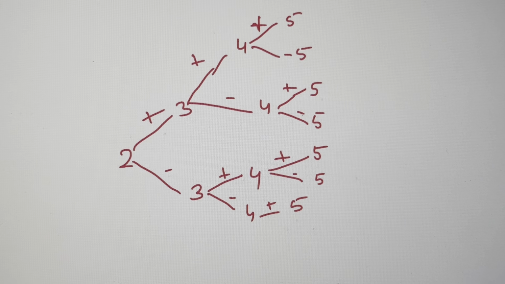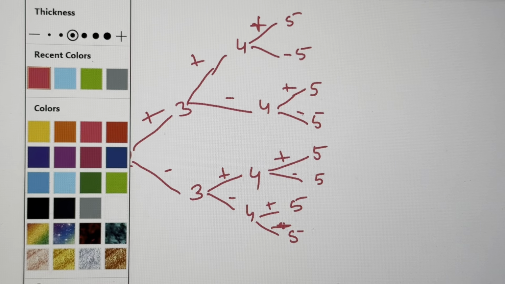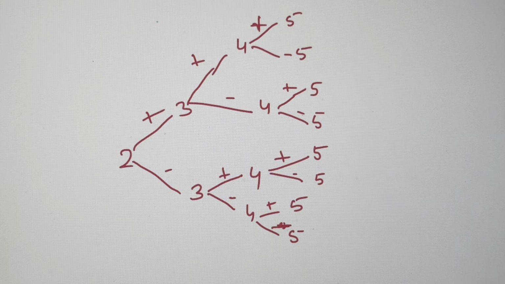Okay. So if we go in the first one, let me write this again, minus 5. Now let me change the color so that it's easy to understand the answers. Now we'll write the answer for each sequence. The first one is 2 plus 3 plus 4 plus 5.